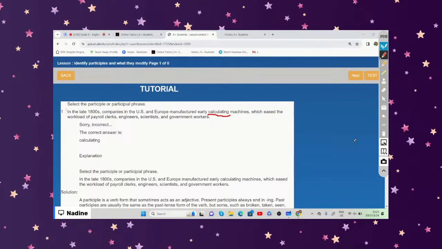So in this case, it also modifies the noun. Machines is the noun. And calculating acts as an adjective, modifying the machines, which is the noun.